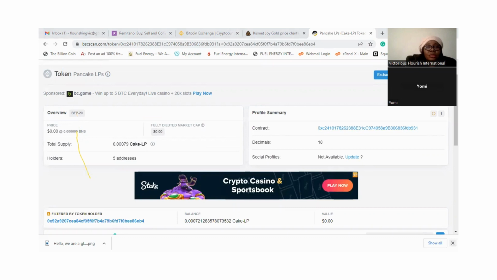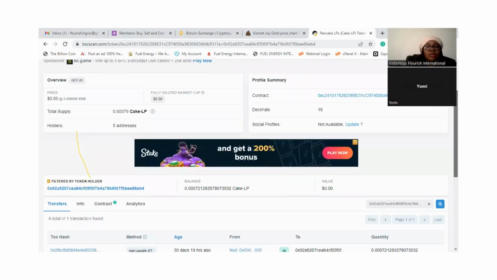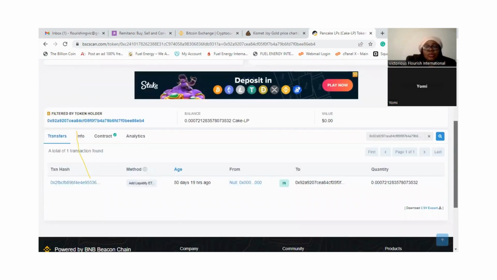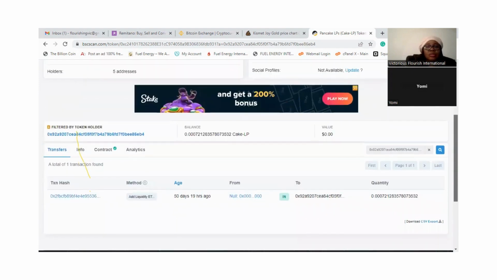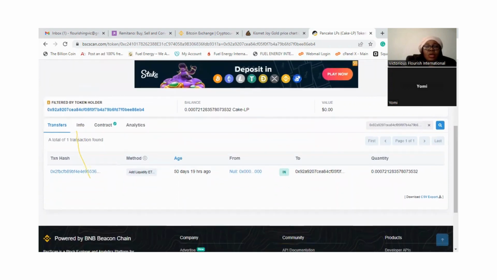Let me try to open it from my side here, please. Okay. So that is just it. Okay, I got it. Okay, cool. Okay, now I can see everything. It's now 97.